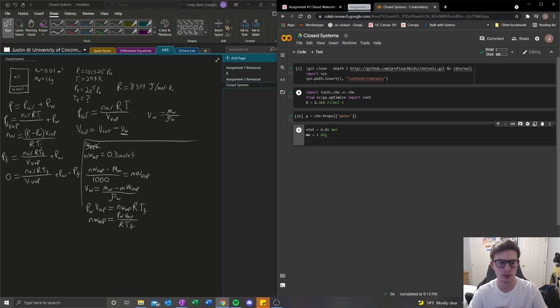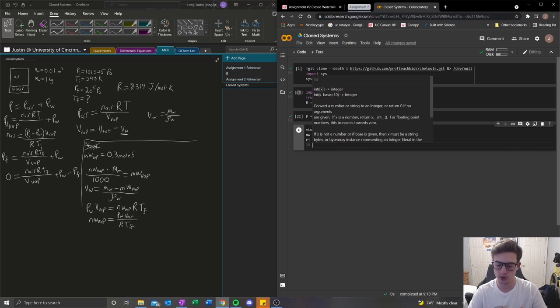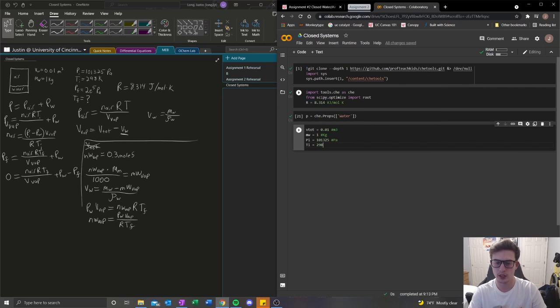And then we also have the initial pressure, which is equal to 101,325, in pascals. Then we need the initial temperature, which is going to be 298, in kelvins. And then we also just need our final pressure that we know, which is 2 times 10 to the 5th, also in pascals. All right.